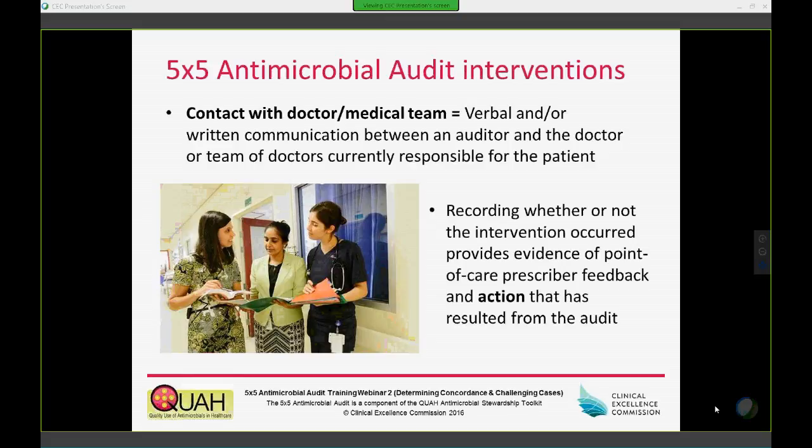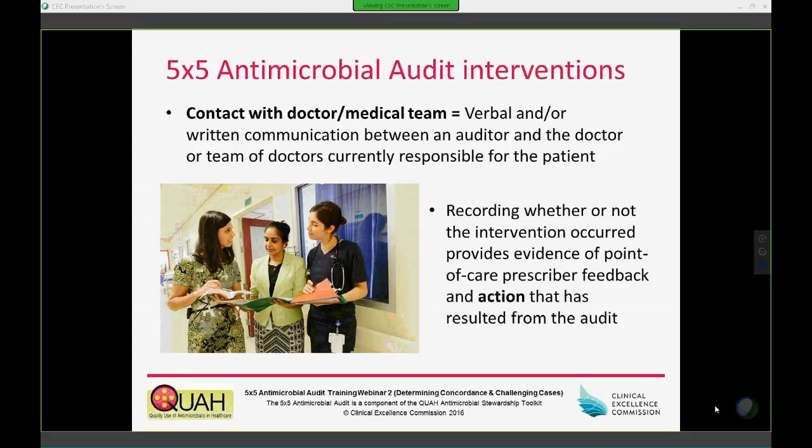By making interventions, you get prescribers to think carefully about why they may or may not be documenting an indication for antimicrobial therapy, and why or why not they might be using guidelines or selecting different antibiotics in that circumstance. What we hope is that these interventions will, in the medium to longer term, result in changes to prescribing behaviour.